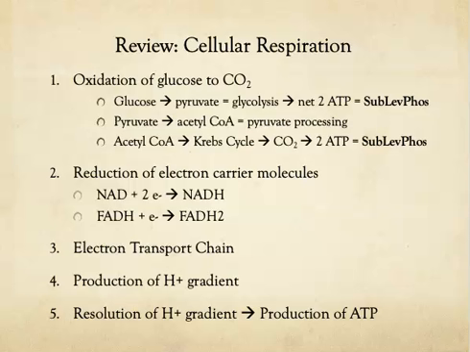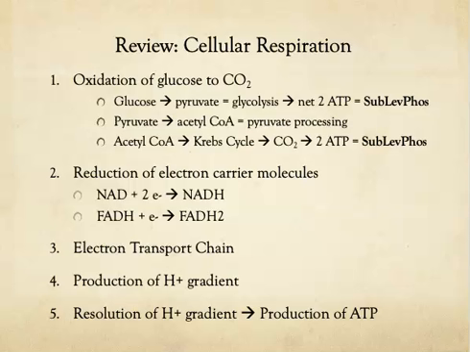It produces no ATP. The acetyl-CoA is then broken down into carbon dioxide through a series of reactions called the Krebs cycle. Substrate level phosphorylation occurs during the Krebs cycle, and again, 2 ATP are made. Very inefficient process.